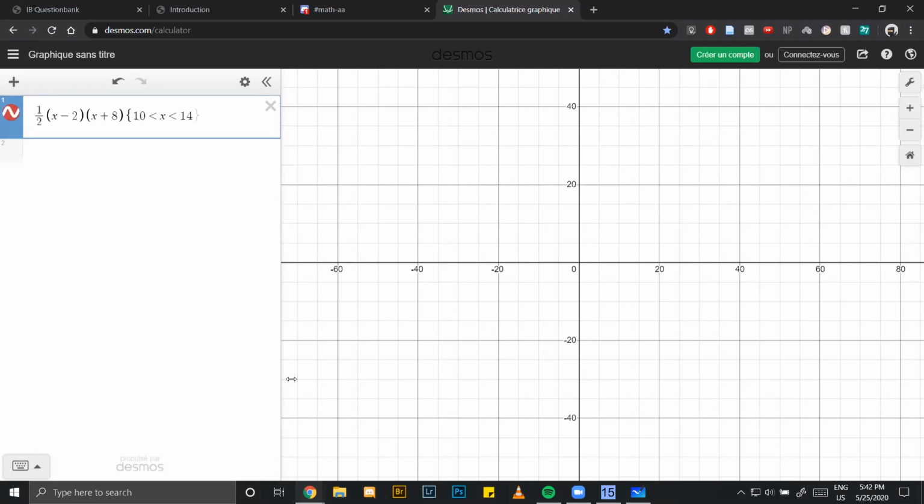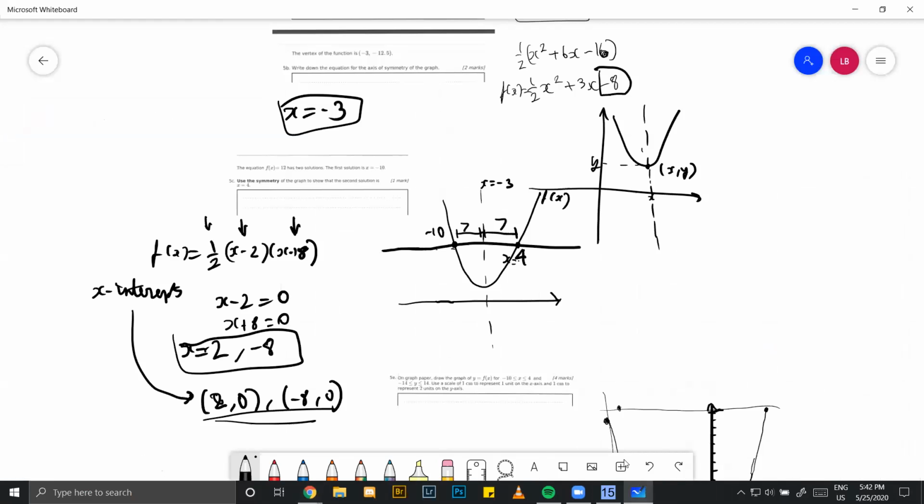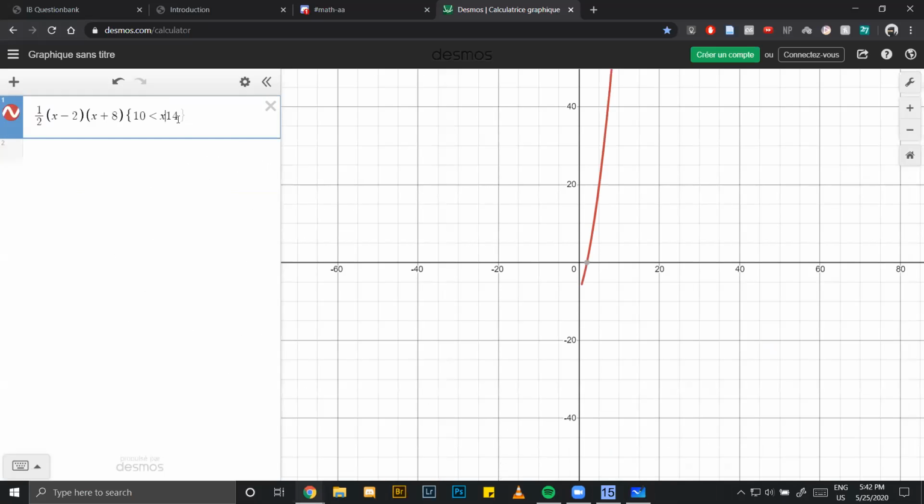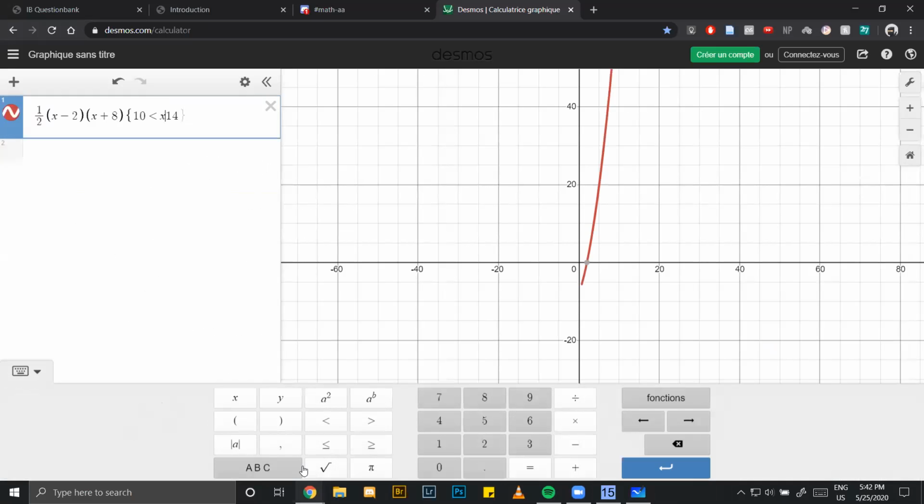Actually, the question asked for less than or equal to, so that's going to be less than or equal to, and also the other condition of y being between negative 14 and 14.